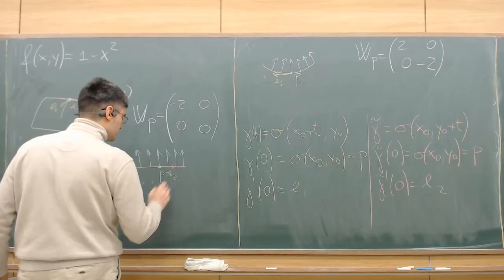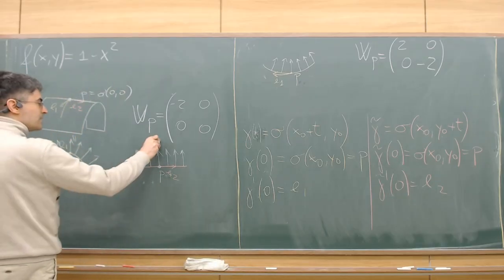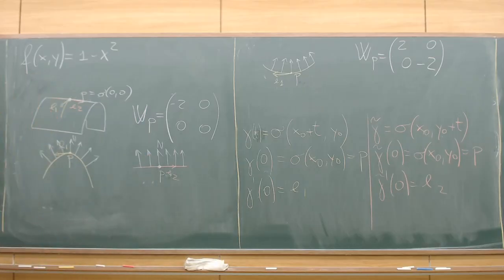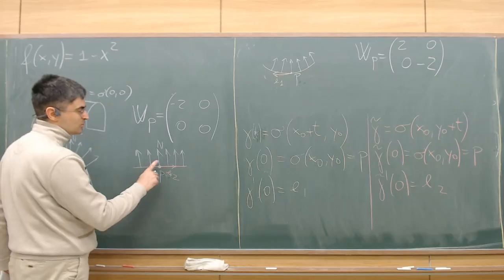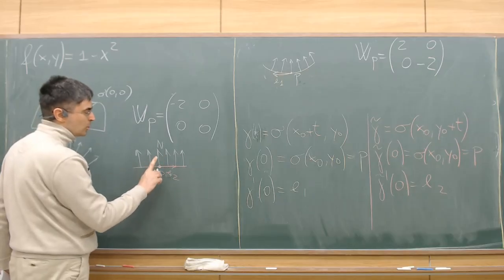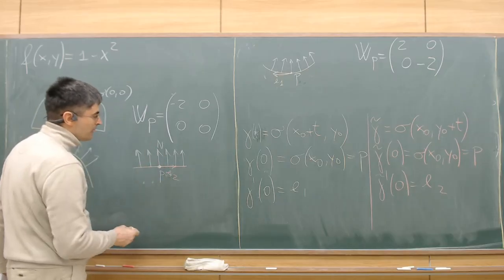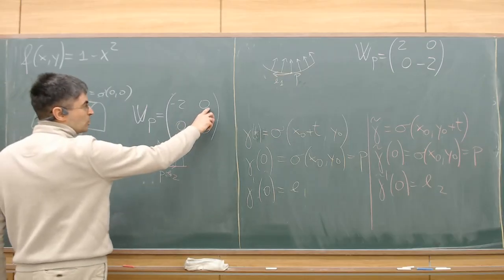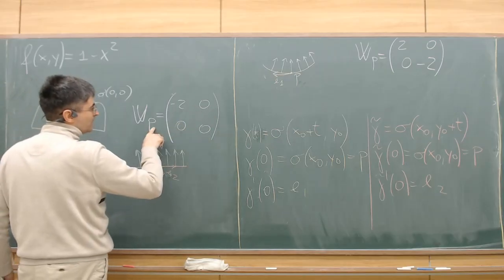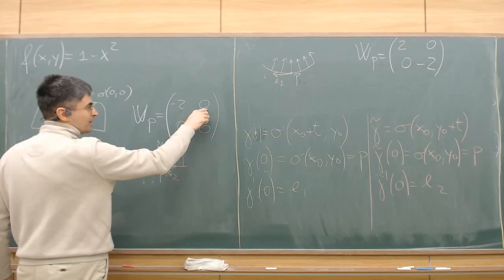And this is E2. So as you can see, the normal vector to the surface along this straight line does not tilt at all. It points always in the same direction. This is why the components of W_P corresponding to this direction are 0, 0.